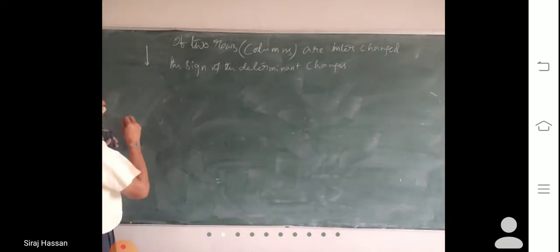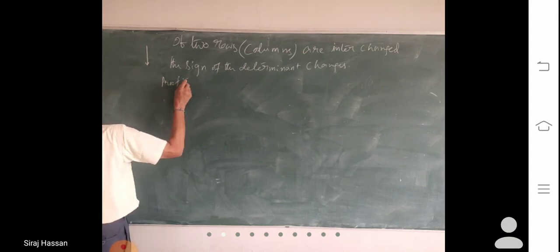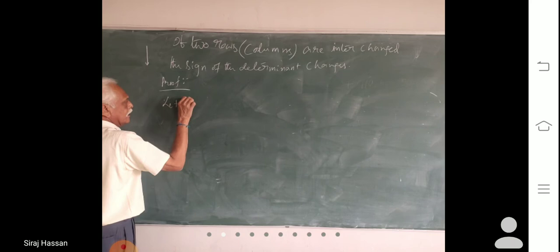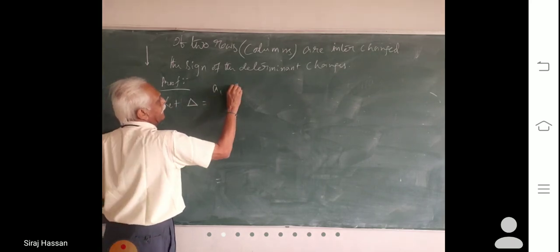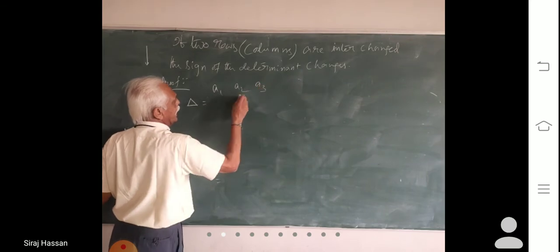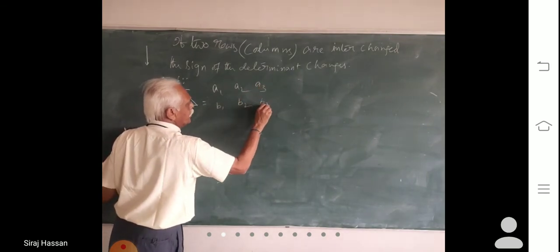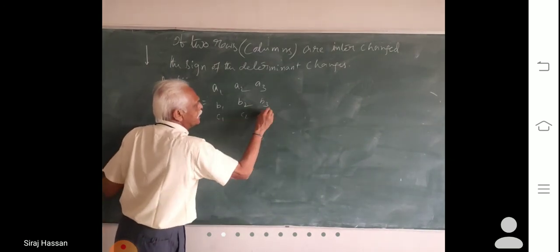See the proof. Let delta be equal to A1, A2, A3, B1, B2, B3, C1, C2, C3.